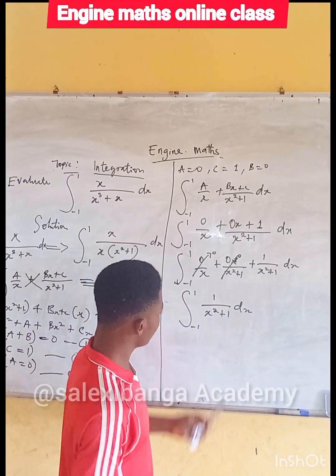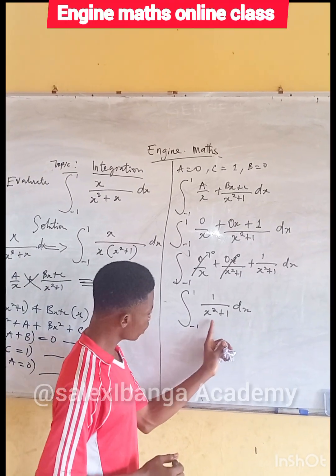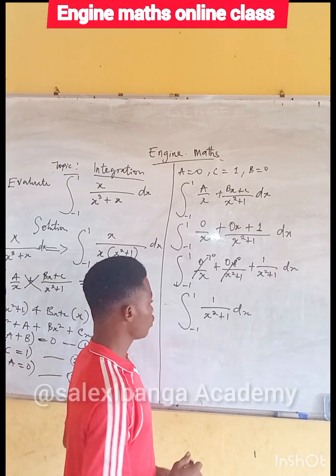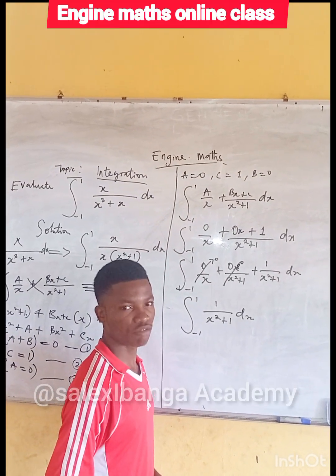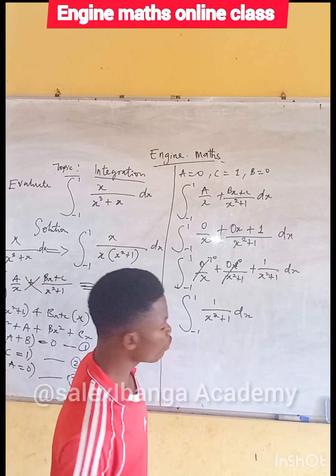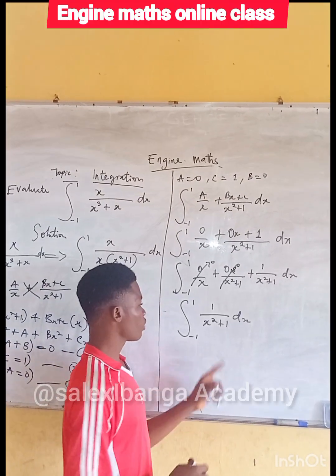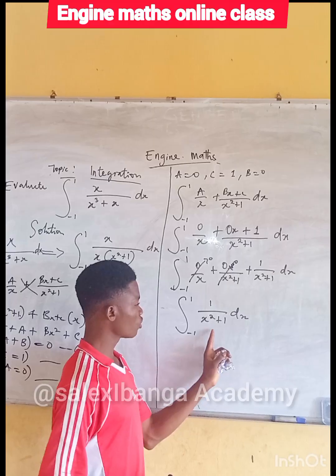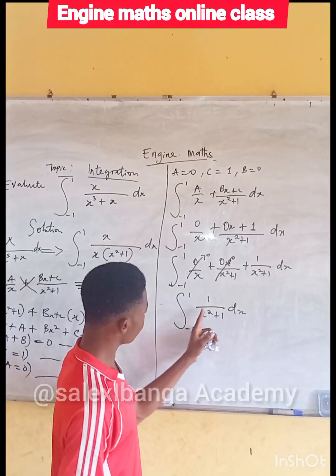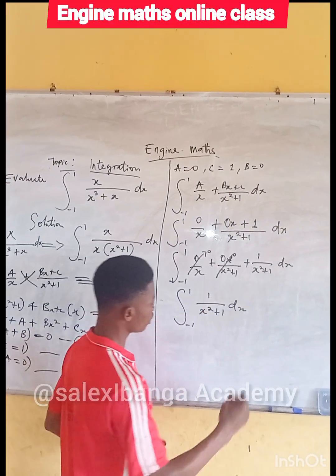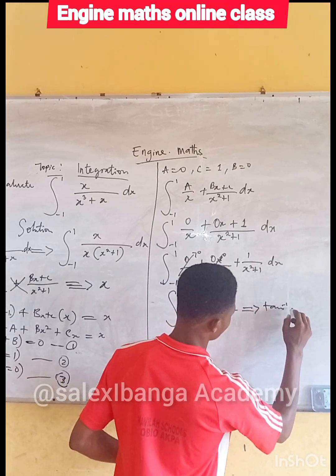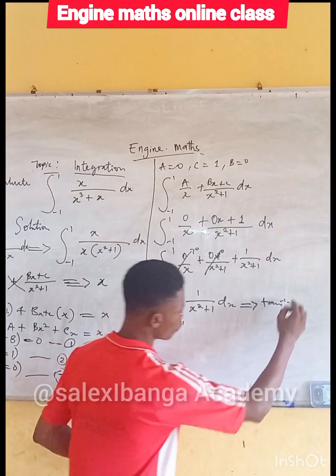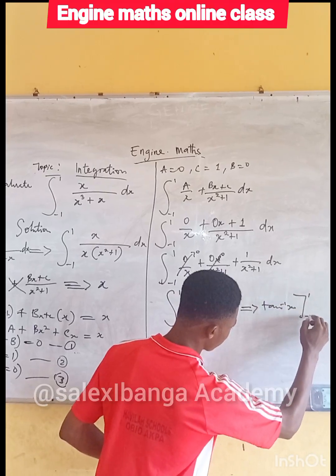My people, for the integral of 1 over x squared plus 1, you need to flash your mind to our standard inverse trig functions. Remember, when we solve that inverse, we have this one. So that simply means the integral of 1 over x squared plus 1 dx will give us tan inverse of x. Then you can put your limit from 1 to minus 1.